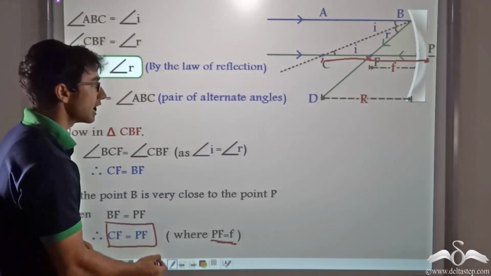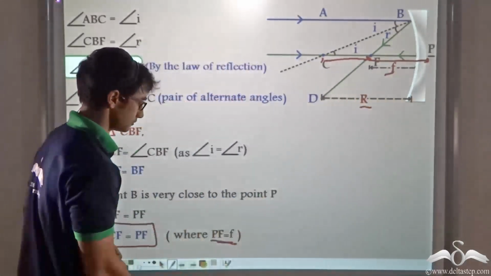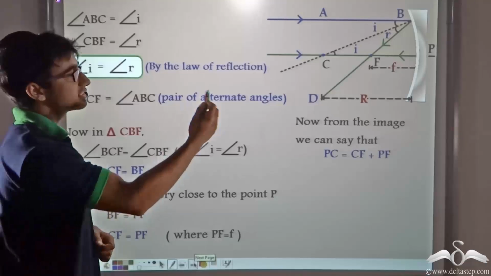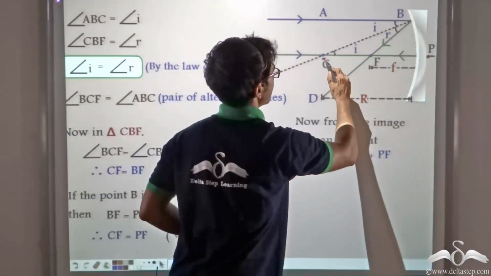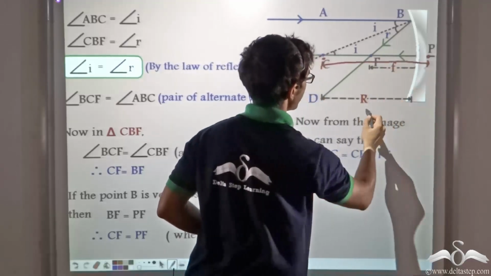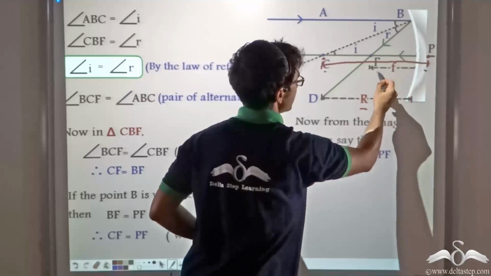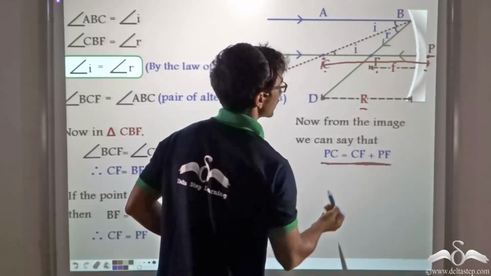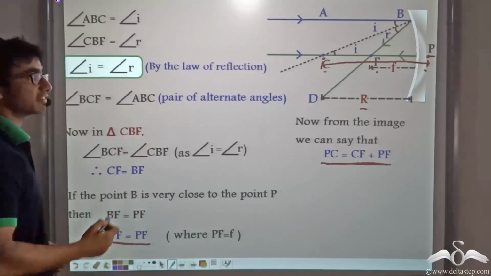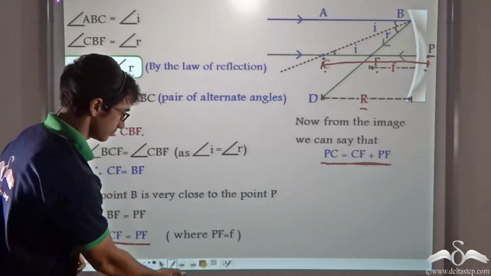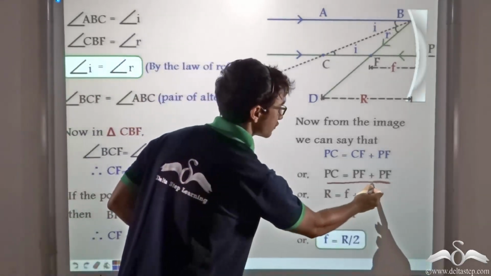Now let us find out how we can relate r with f. As you can see from the image, PC, that is given by r, is equal to CF plus PF. And what have we learned? That CF is equal to PF. So we can say that PC is equal to PF plus PF.